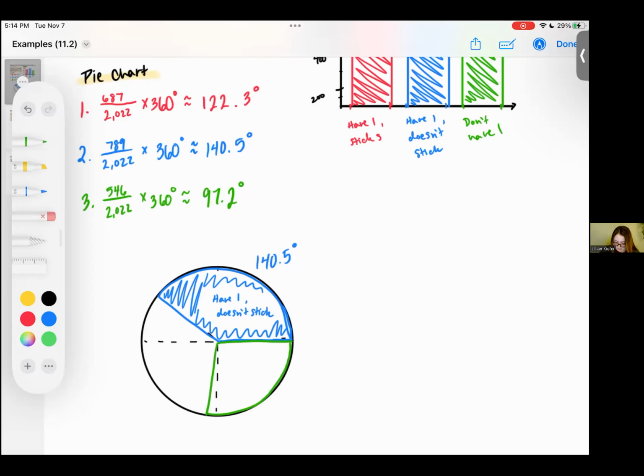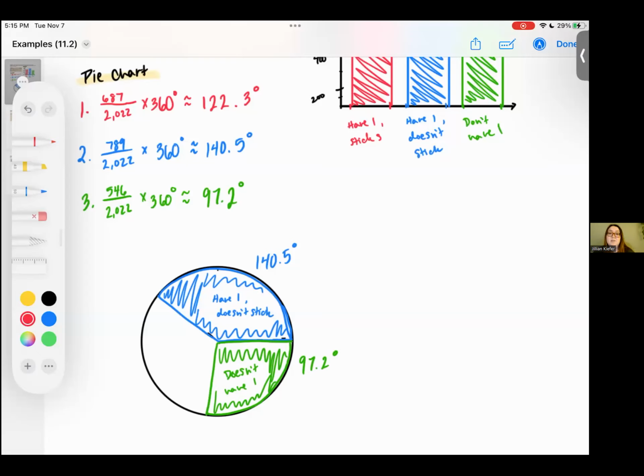So there we go. We've got to erase the marks that we made. We can erase all of them at this point because we know that what's left is going to be the first category. And so our green category here, we said doesn't have one at all, doesn't have a budget. And we can color in what was left over. And the third category was 97.2 degrees. Then we have our last category.